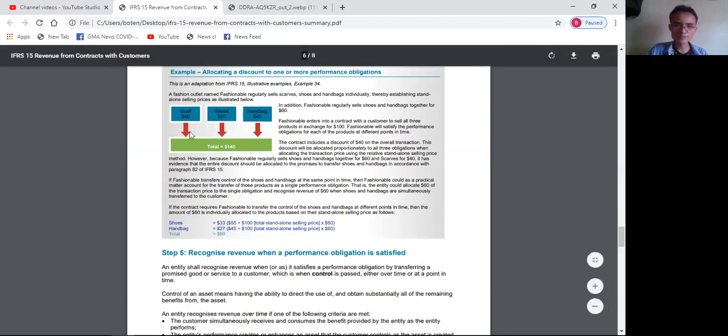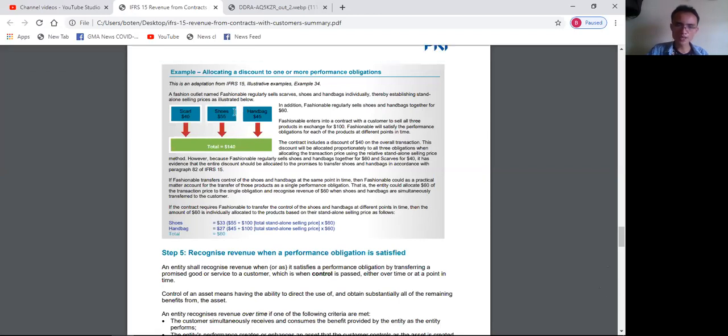Here you have three products by Fashionable, a fashion outlet. You have a scarf at $40, shoes at $55, and a handbag at $45, for a total of $140. These are their relative standalone selling prices. Fashionable regularly sells scarves, shoes, and handbags individually.